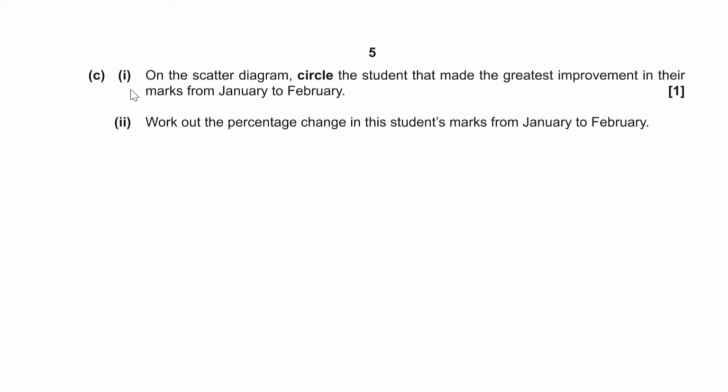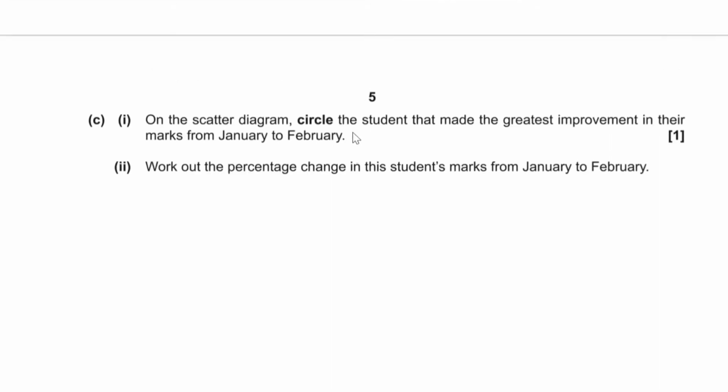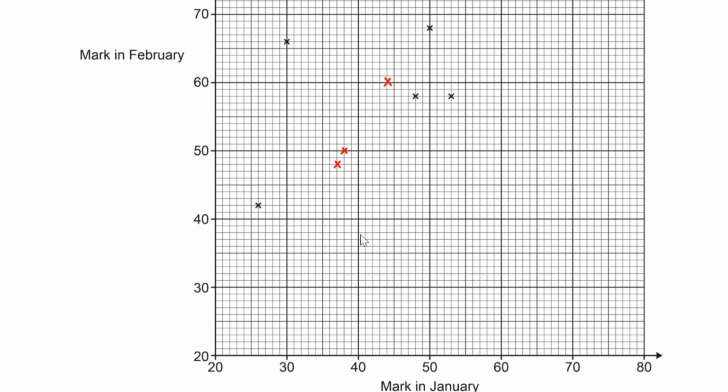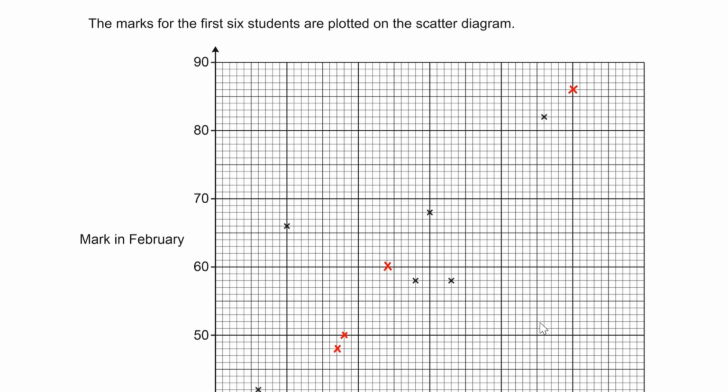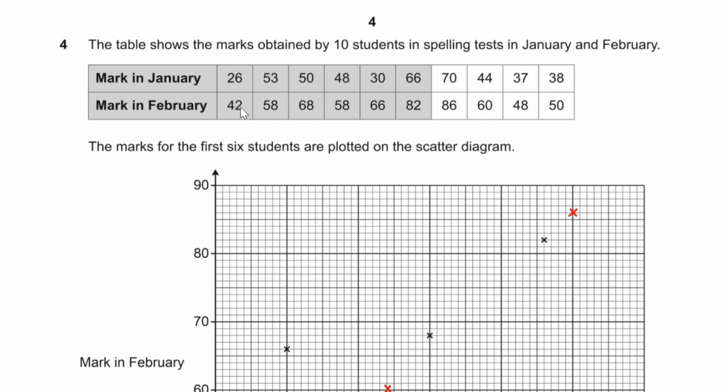For the first part of part C, on the scatter diagram, you have to circle the student that made the greatest improvement in their marks from January to February. Well, we want the greatest difference between January and February.